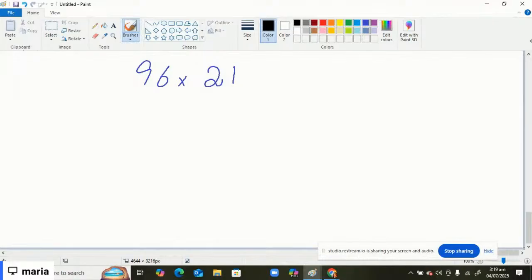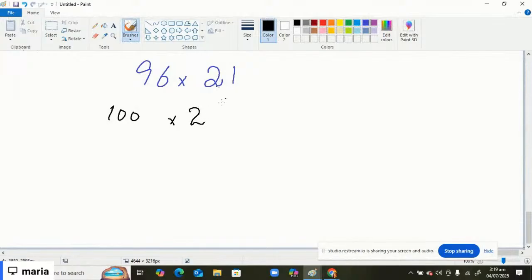Everyone tell me in the chat what is the answer for 96. This can be rounded up. 9 plus 1 is 10 and this is already 0. Times 21. 1 is less, so 2 as it is. This digit is as it is and the remaining should be 0.